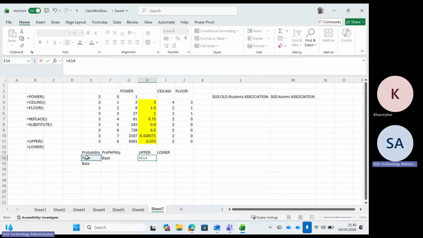So let me start from here. Equals upper this text. What did you notice? It changed it to uppercase, which is capital letters. So what about if you now say lower?